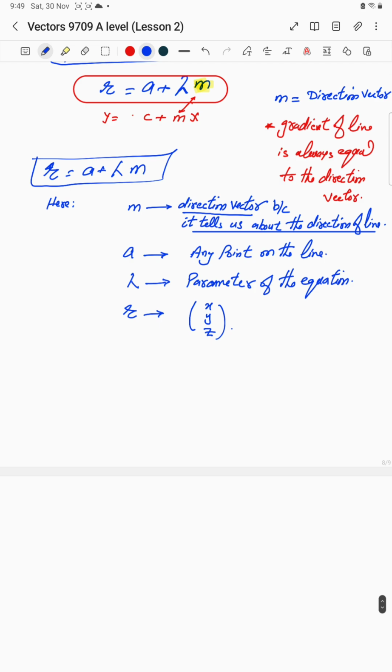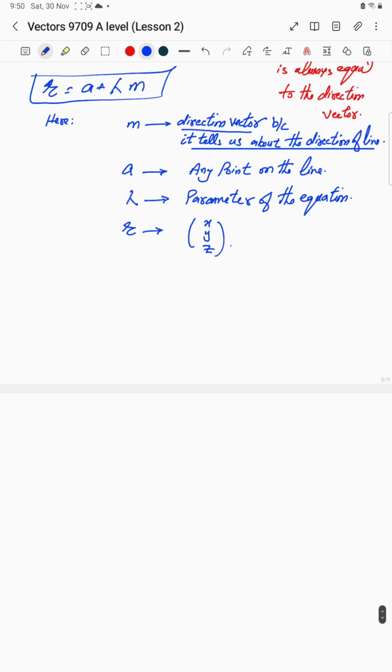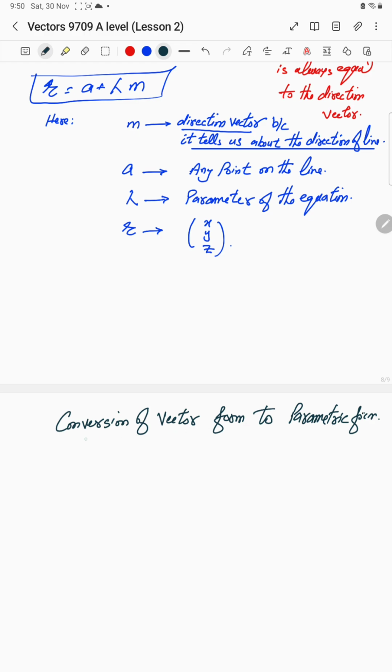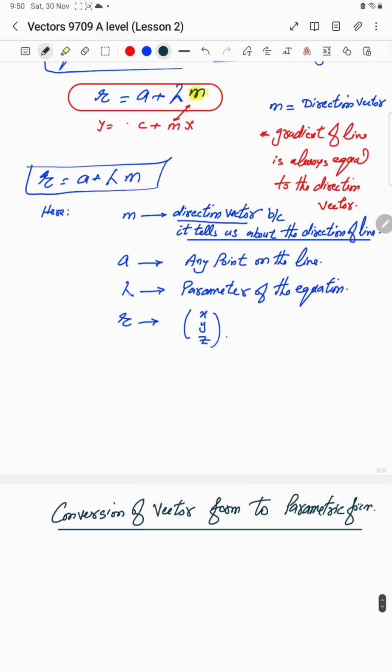Okay, for a particular case we will solve the conversion of vector form to parametric form. And guys, don't be confused about the Greek letter lambda.